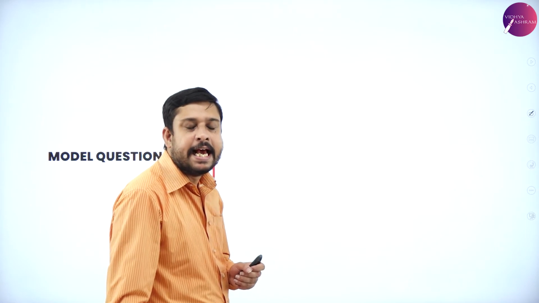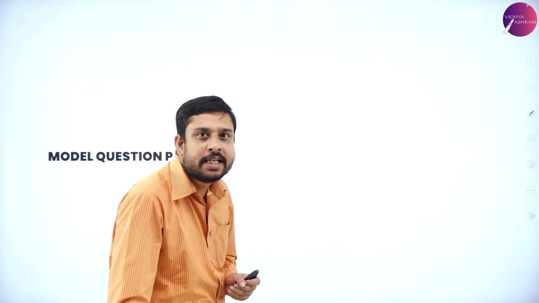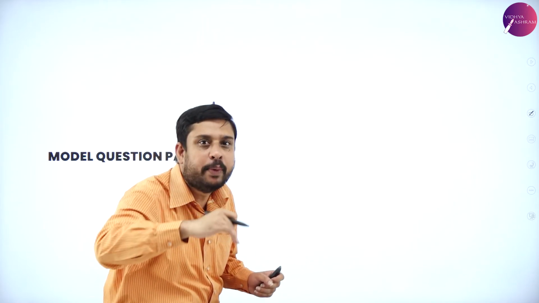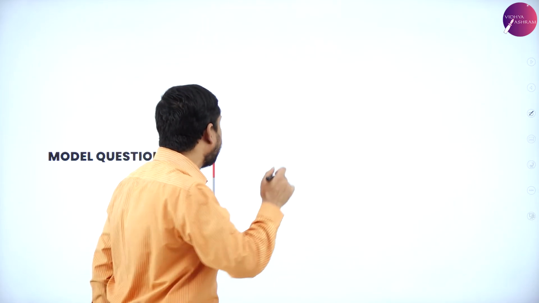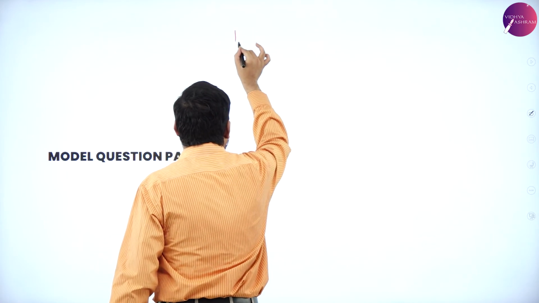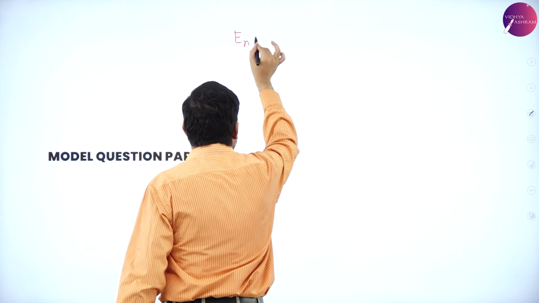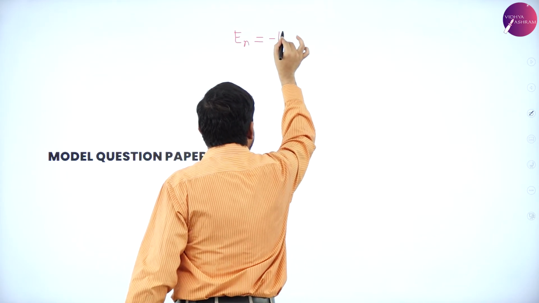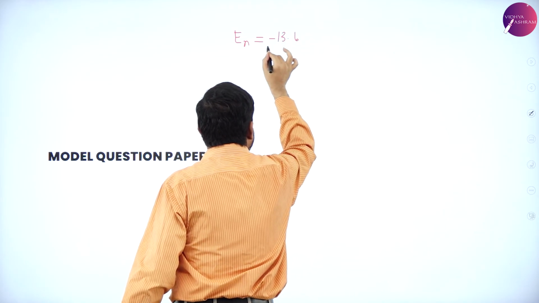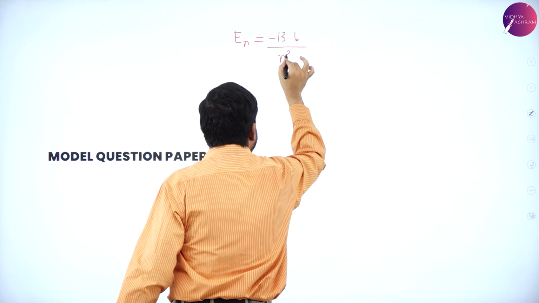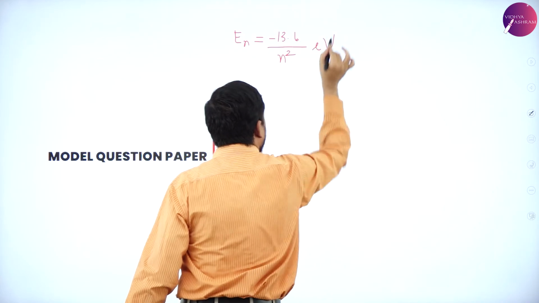Now the electron transition is happening from the fourth orbit to the second orbit. We know the energy of the electron is minus 13.6 by n square electron volts.